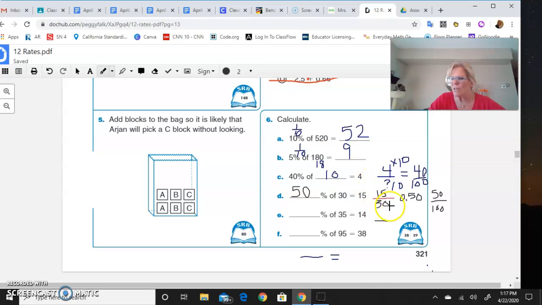Okay, so basically you want to set up your fraction of the numbers you're given. Okay, I'm going to try to find the percent of 35. Well, 35 is my whole number. It's my denominator. And 14 is the part of 35. I want to find what percent that is. So if you do 14 divided by 35 on the calculator, you're going to get this.